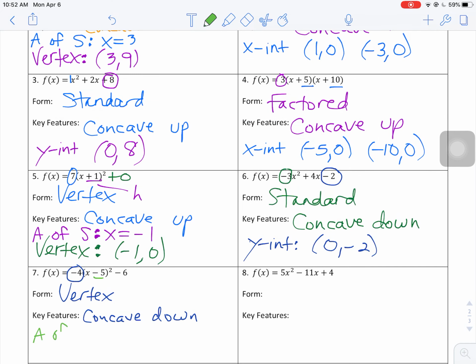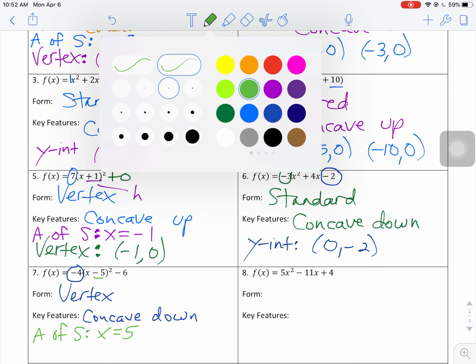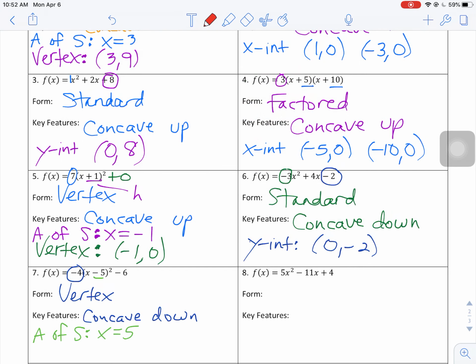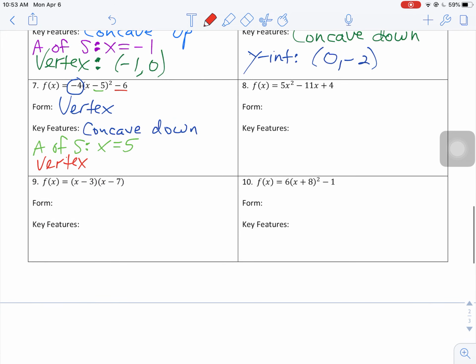So for axis of symmetry, it would be x equals +5 because it's the opposite of the number inside the parentheses. And then my vertex is (h, k). So vertex would be (5, -6).